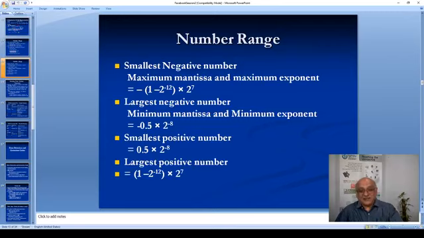In between the two there will be subnormal numbers, and somewhere in between there is going to be 0 also. In fact, you will find there are two representations of 0 in this representation: one will be positive 0 and one negative 0, as per the standard, and that is what is represented in IEEE format.